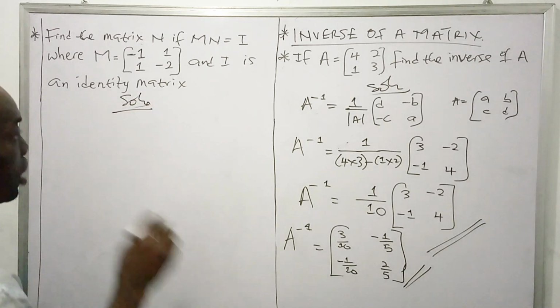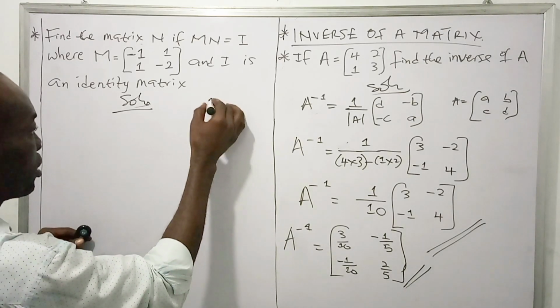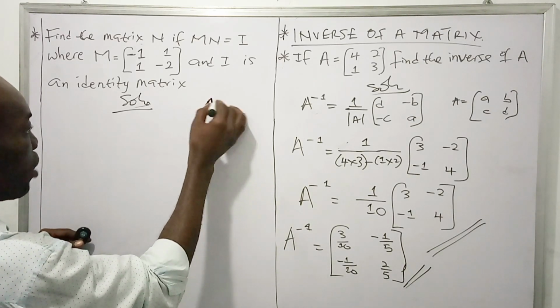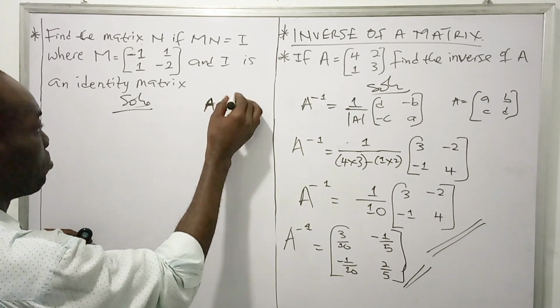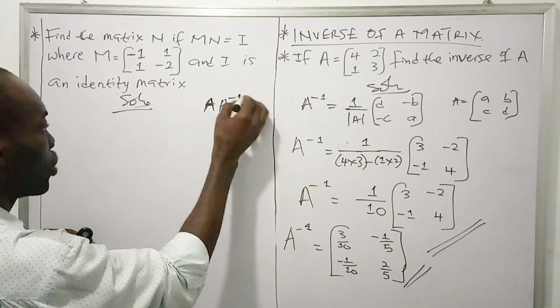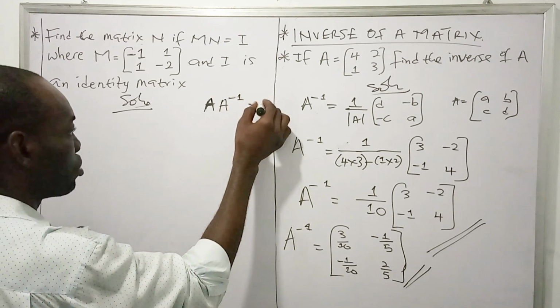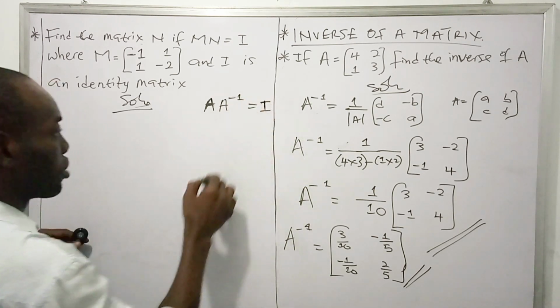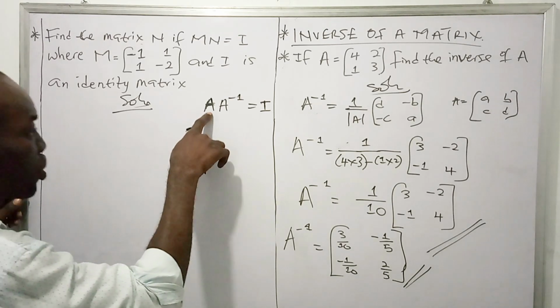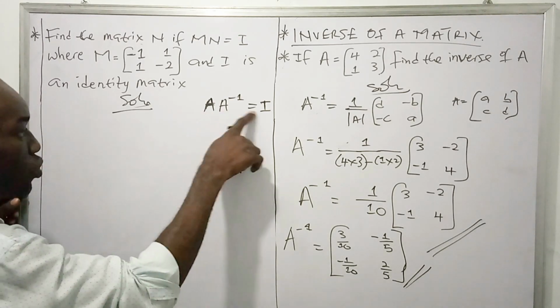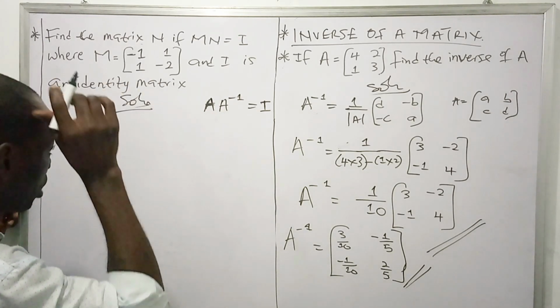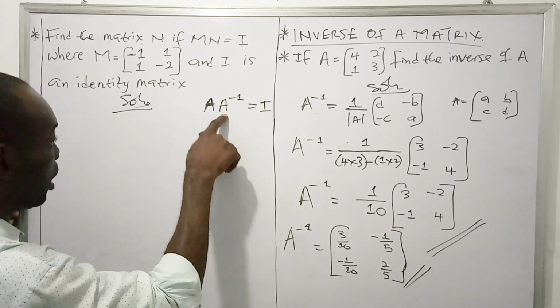From our knowledge of matrices, we're meant to understand that if we have a matrix A, the product between the matrix A and its inverse is equal to the identity. In other words, this is an inverse of this.